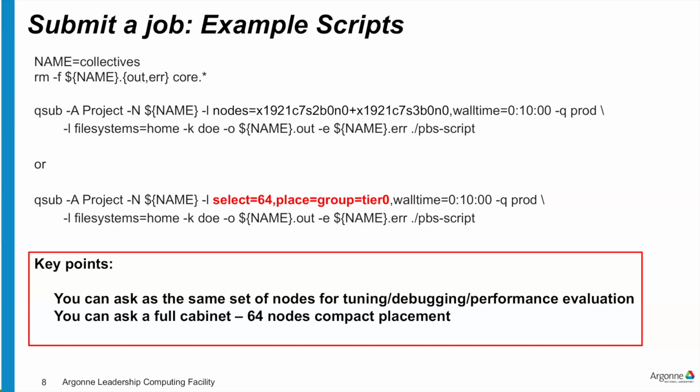As you might know, each cabinet has a full all-to-all connection, considered your level 0 fully connected interconnect. If you have 64 nodes located on the same cabinet, then your bisection bandwidth is highest. So for people who rely on all-to-all, all-reduce, or similar communication operations, that might be a performance changer.